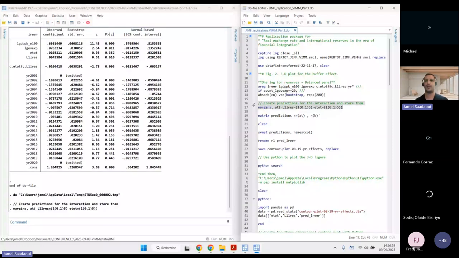It will create a prediction, and then using matrix, I will put the prediction into a matrix and save it into the database that I will show you later. But it is working here, so don't worry if you saw nothing.